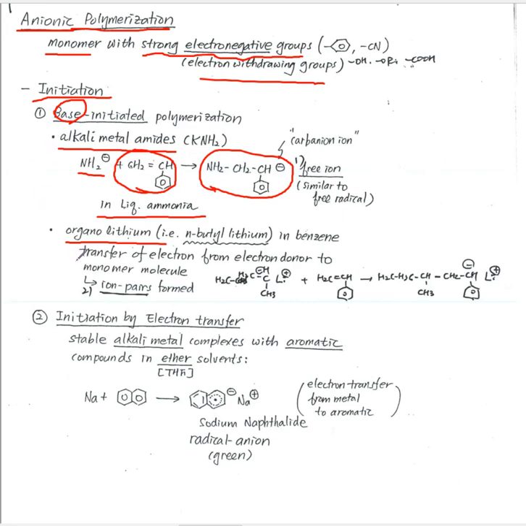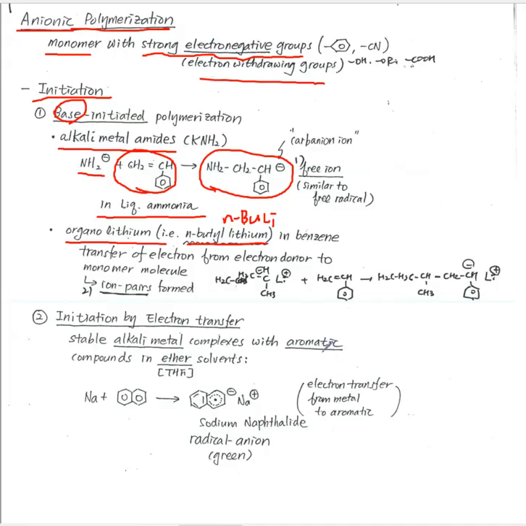The second reaction is between the monomer and organolithium, such as n-butyl lithium in benzene solvent. If you remember organic chemistry, n-butyl lithium is commonly used, right? n-butyl lithium is a strong base.